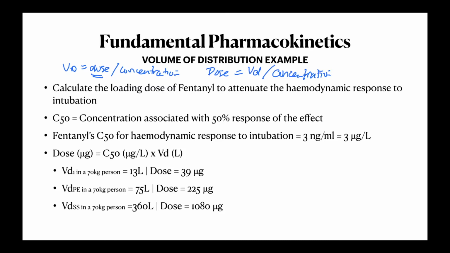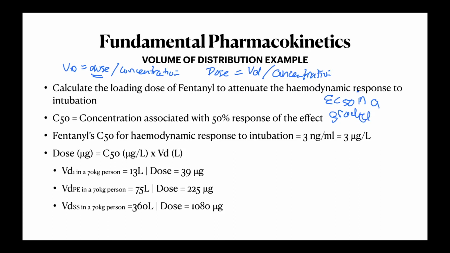And the C50 is the concentration associated with 50% of the effect. And just as a reminder, the C50 can also be known as EC50 in a graded response curve. So the C50 or EC50 are the same concept, okay?